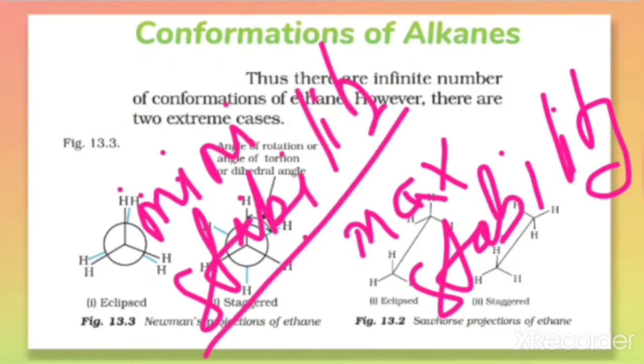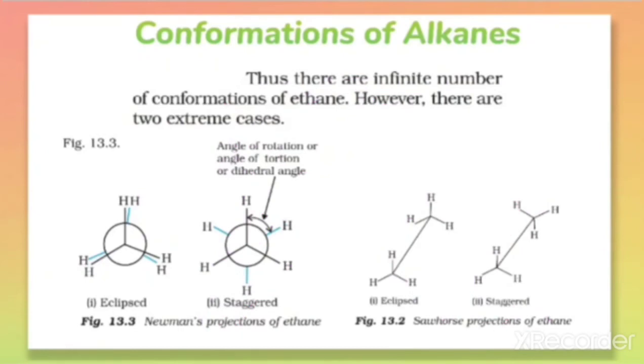Because there is maximum repulsion in the eclipsed form, it has minimum stability, and in the staggered form the electron clouds are as far as possible, therefore there is minimum repulsion. So we can conclude that the staggered form is more stable and the eclipsed form has minimum stability.